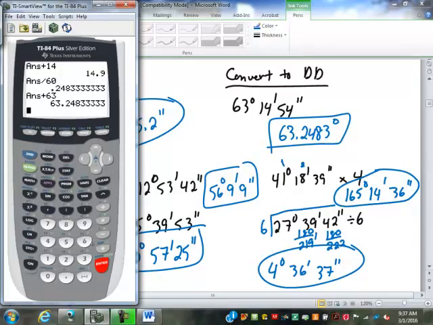If you're trying to remember how to do that in the calculator, 27. Of course, mine's going to be different than yours because I've got the graphing calculator. 27, oops, I gotta go back. 39, second angle, minutes, and then 42, alpha, seconds, divided by 6.